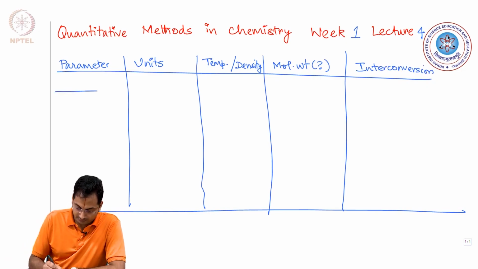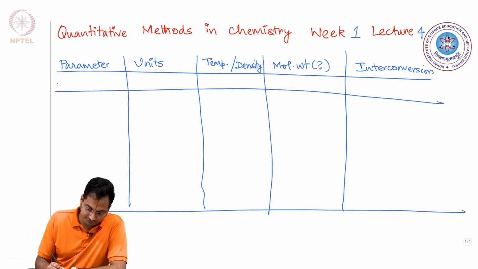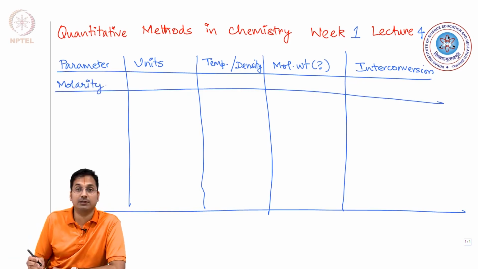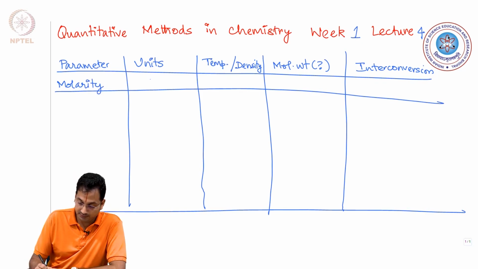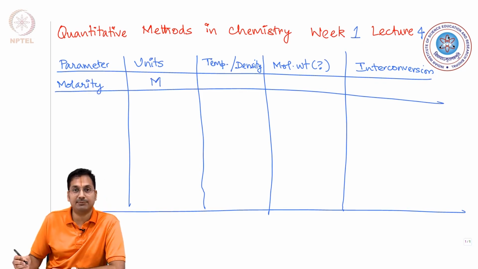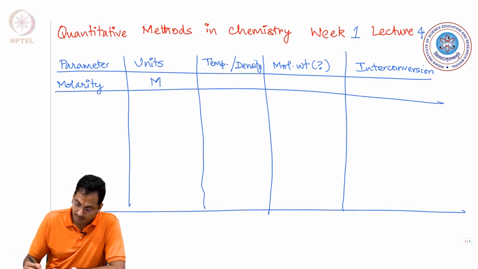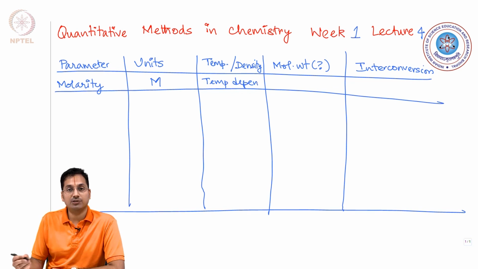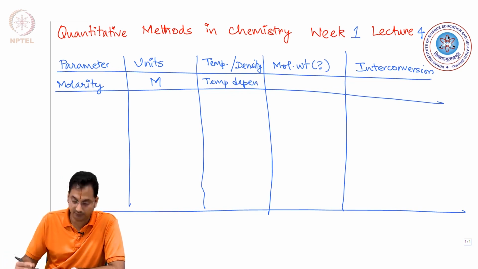Okay. So, let us keep the basis of everything as molarity, that will help us relate it across different units. So, the units of molarity is capital M, molar, and is it temperature independent? Temp dependent, largely because you have volume in the denominator, which would change as a function of temperature, or rather which could change as a function of temperature.